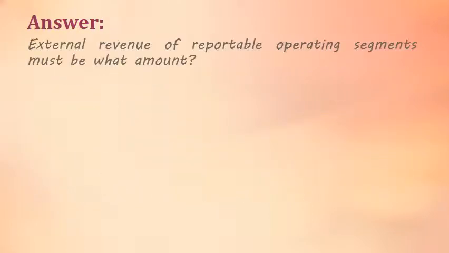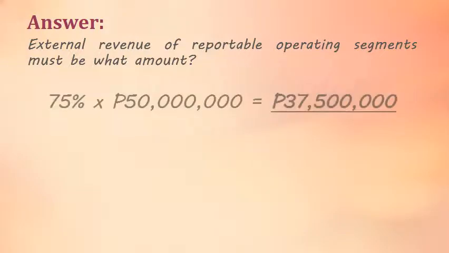The second question, external revenue of reportable operating segments must be what amount? Sabi natin, for the external revenue, meron tayong threshold na 75%. So, ang gagawin lang natin is to multiply the 50 million sales by 75% to get the reportable operating segments of the external revenue.